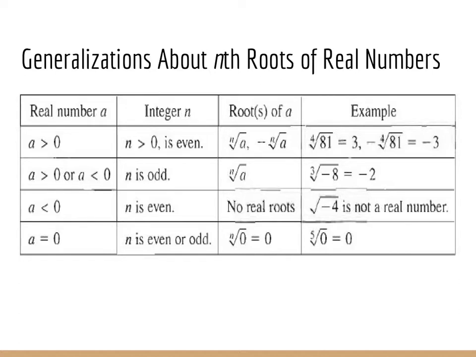If a is greater than 0 or a is less than 0 and n is odd, then we can simply take the nth root of a. If a is less than 0 and n is even, there are no real roots. For example, the square root of negative 4 is not a real number. When a is equal to 0 and n is even or odd, the nth root of 0 is always equal to 0.